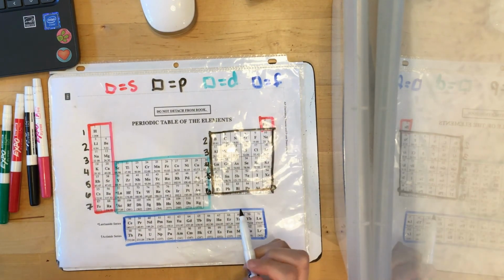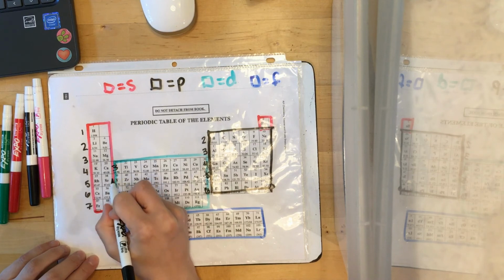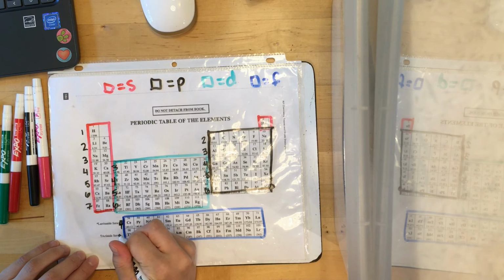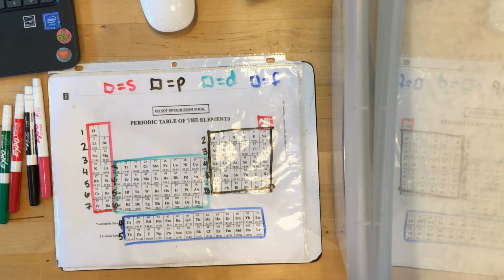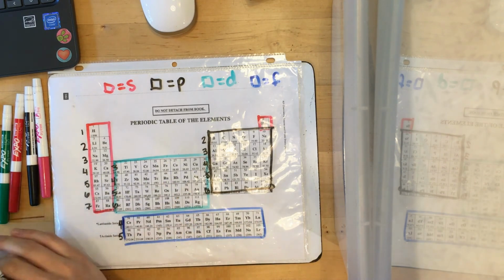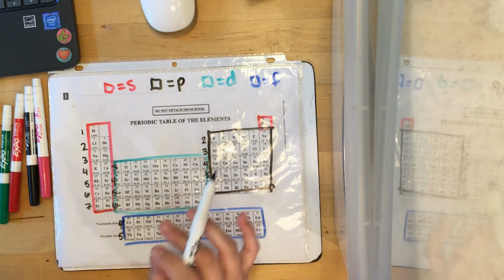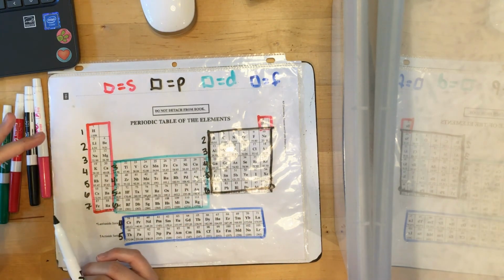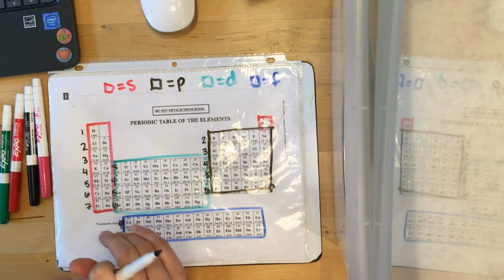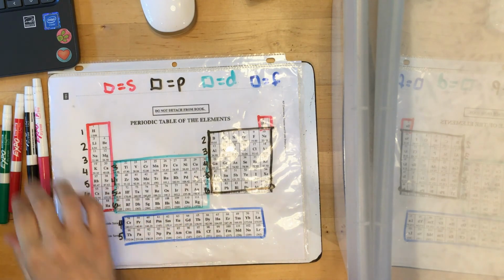For the d orbital, it starts at 3. And for the f orbital, it starts at 4. So to find the electron configuration, we can just go left to right, starting at hydrogen, working our way down until we find the element that we're trying to locate.